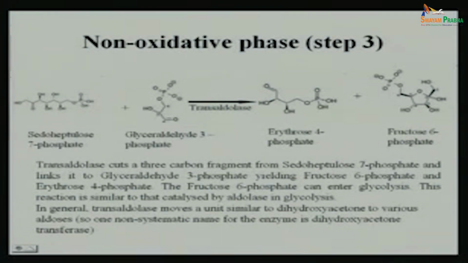Now, here you see when this reaction is going on, this transaldolase cuts a 3 carbon fragment from pseudoheptulose 7-phosphate and links it to the glyceraldehyde 3-phosphate, yielding one fructose 6-phosphate and one 4 carbon erythrose 4-phosphate.